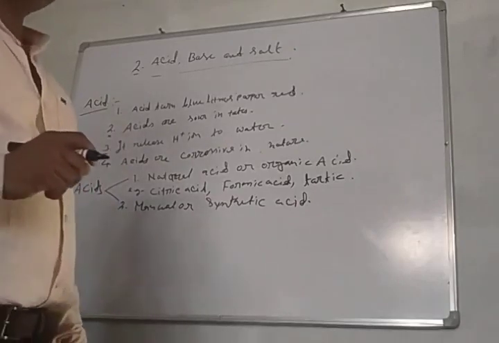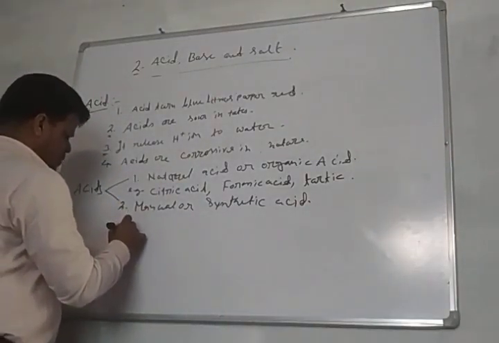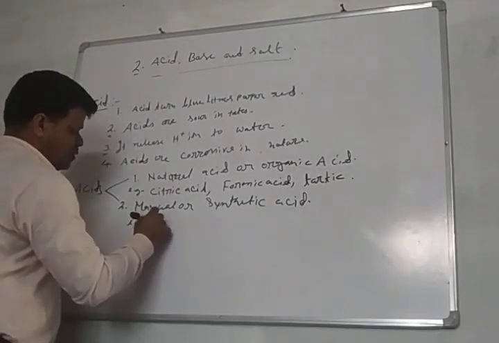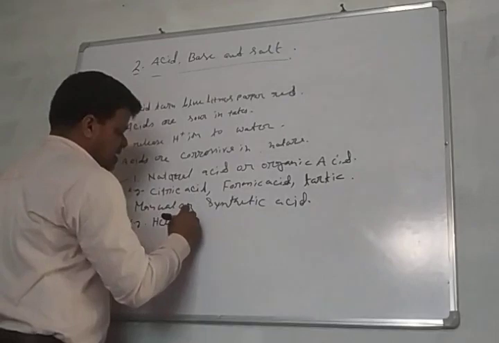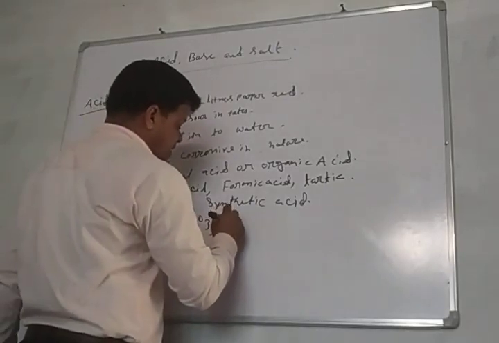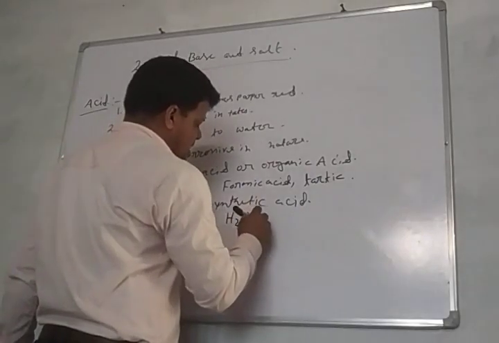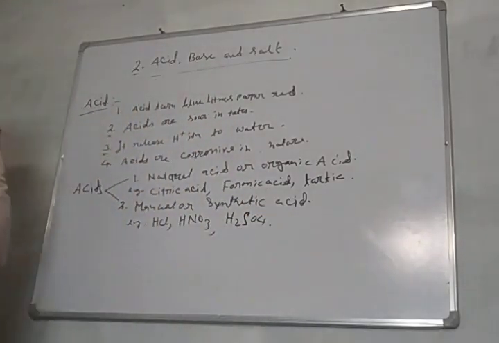That's why it is called manual or synthetic acid. For example, hydrochloric acid, HCl, nitric acid, and sulfuric acid. So these are examples of synthetic acid.